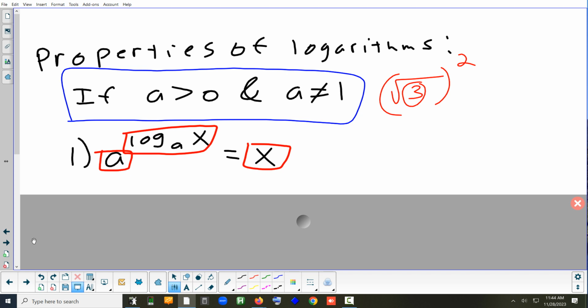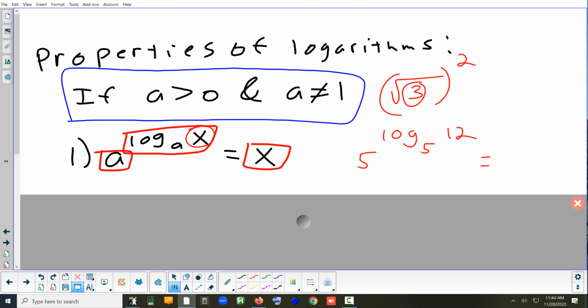So if you have a to the log base a of x, something like this. 5 raised to the log base 5 of 12. The answer that you're going to get is whatever you had right here, because the a and the log a cancel out.